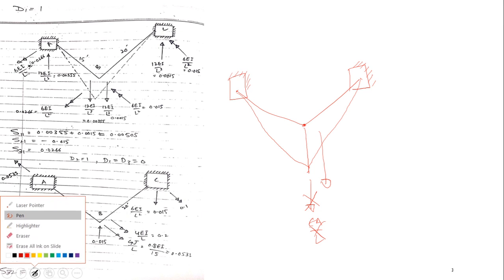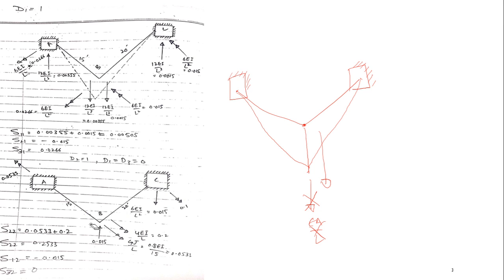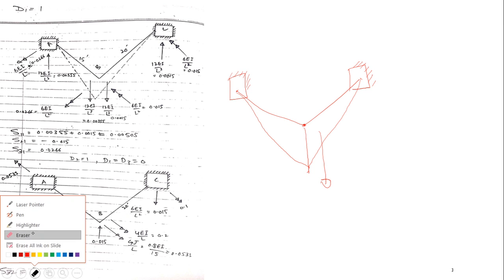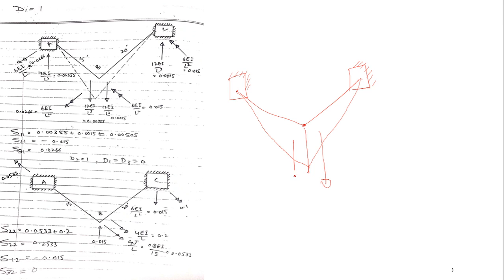But if there was a column here, like in a space frame, then we would have written EA by L. This would be balanced here. The magnitude should be equal to 6. There's only one EI, no EIx, EIy, EIz as in the frame.